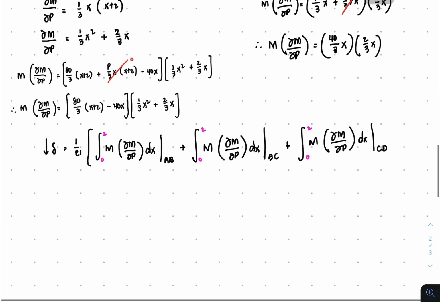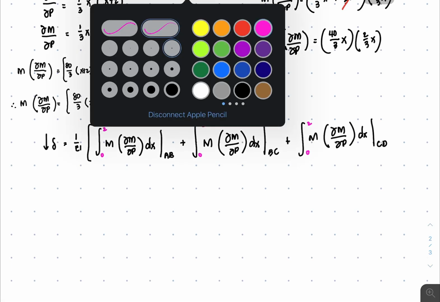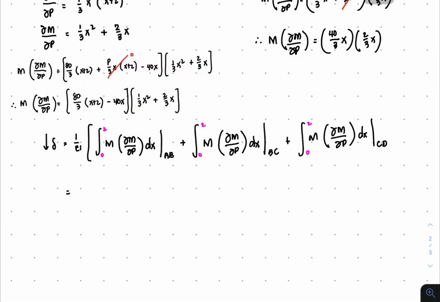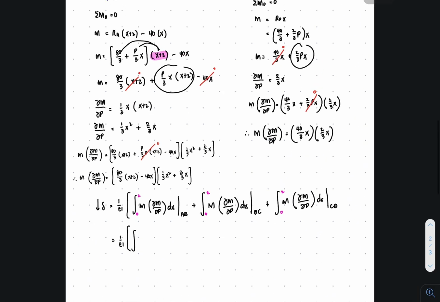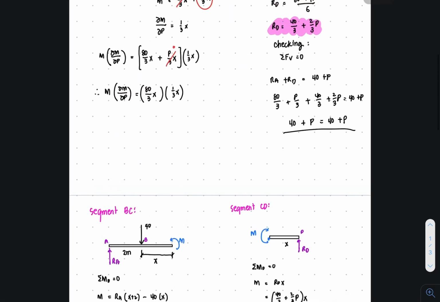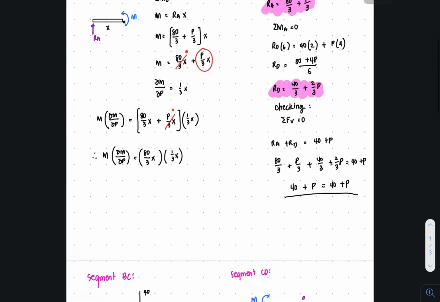So this time, we are now going to get the equation done. So it's 1 over EI times the integral. First equation, it's here.